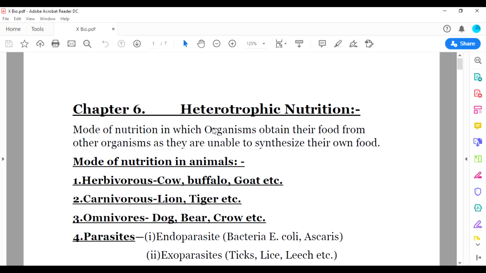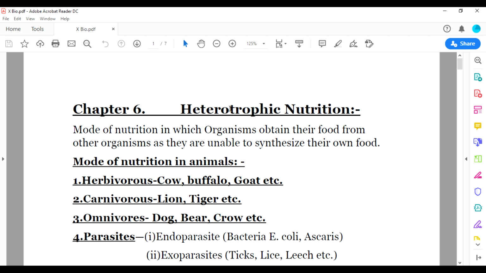Good morning, students. Today we'll continue chapter 6, life processes, and we'll study heterotrophic nutrition. Hetero means different, trophs means organisms. Those organisms that depend on different sources of food for their nutritional requirements are called heterotrophs.